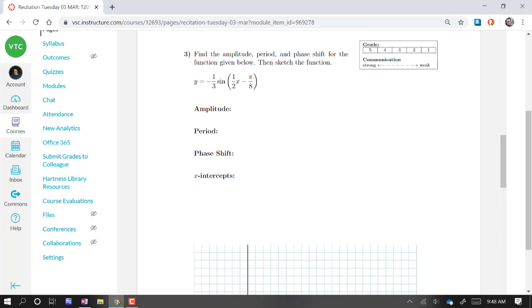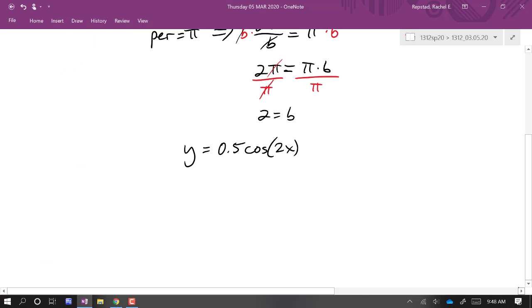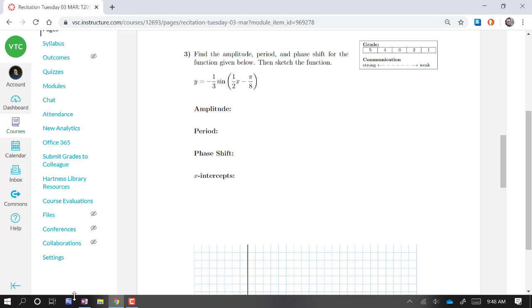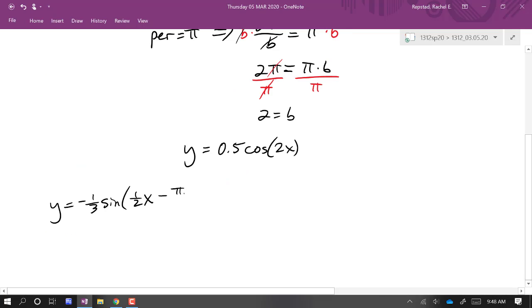And then we're going to find the amplitude, period, and phase shift. Okay, so negative 1/3 sine of 1/2 x minus pi over 8. I know that there's a phase shift involved because I'm adding and subtracting in the parentheses. But the phase shift is not pi over 8, right?